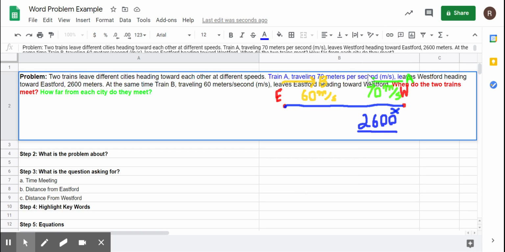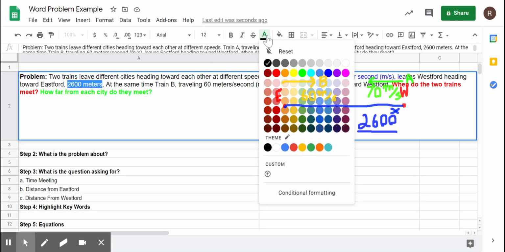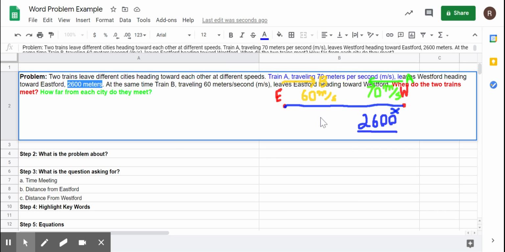Now here's the problem though, and you've probably already seen this. These two trains are traveling in very different directions, so I'm going to have to denote a 0 at some point. I'm going to get into that in a moment. But let me highlight the other train. We got 2,600 meters. That's an important value because that tells me the displacement that these two trains will do.